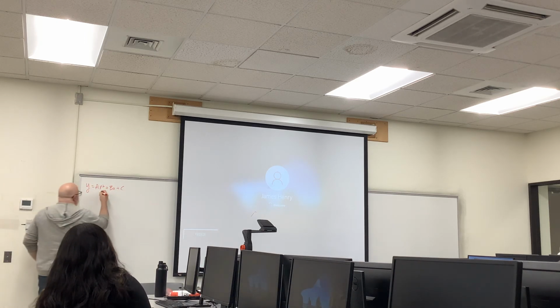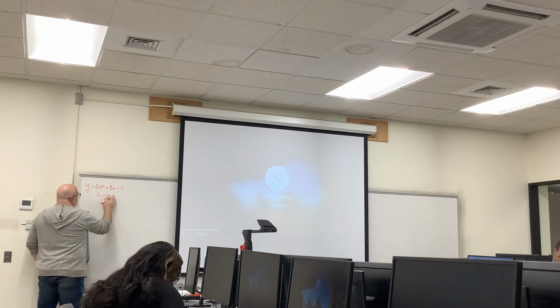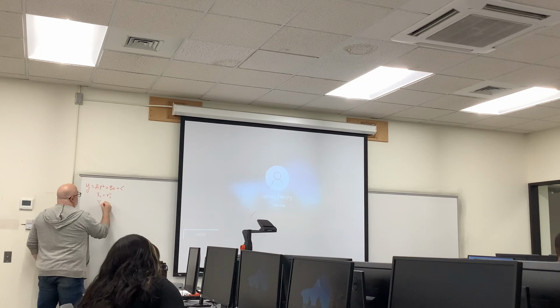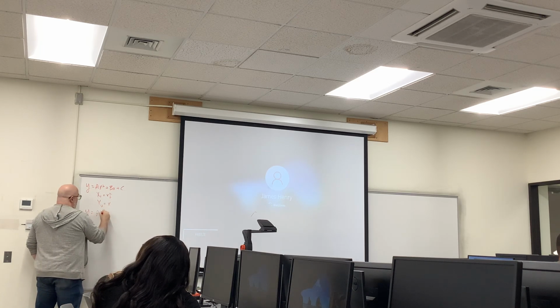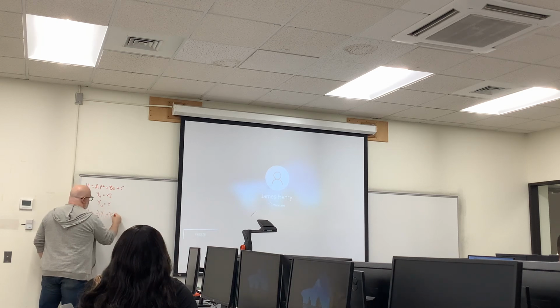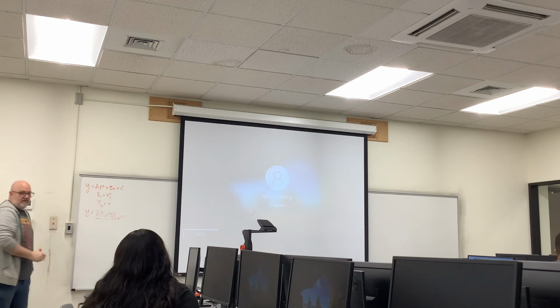What we've said is we're going to do variable substitution and say x1 equals x squared, x2 is just equal to x. And so then this becomes y equals a x1 plus b x2 plus c. So it's linear with respect to x1 and linear with respect to x2.